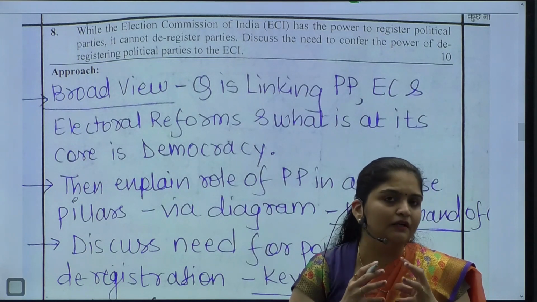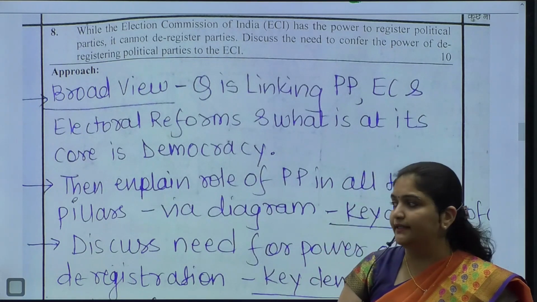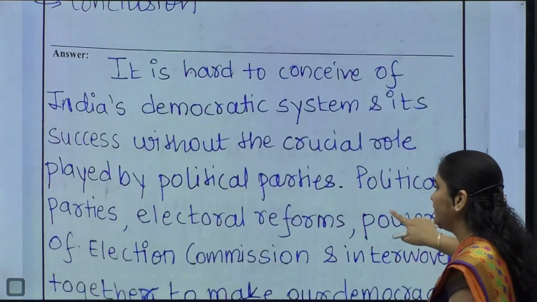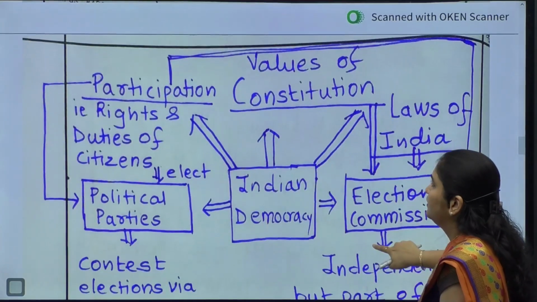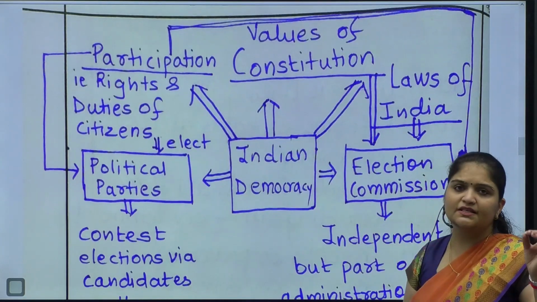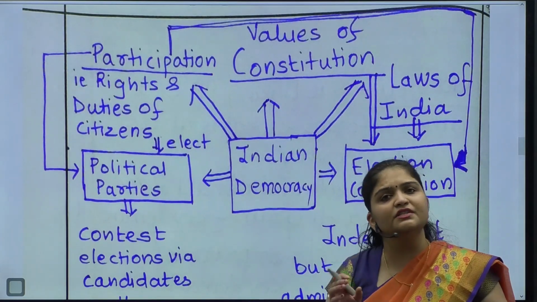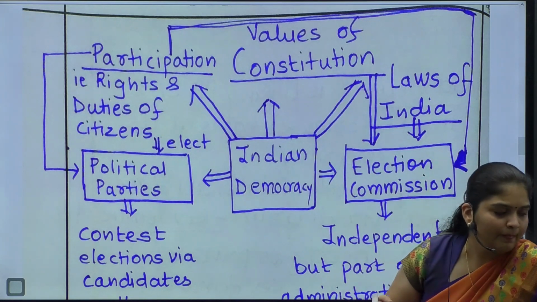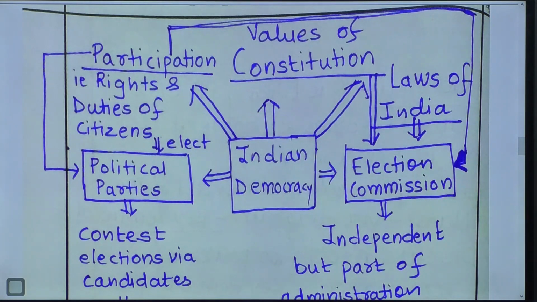So what are the pillars of this Indian democracy? All right, let's see. So I'll show you how I have represented this in a diagram format. So it just gives us the spirit of the question, then we will just have to point towards the need for the same, okay.